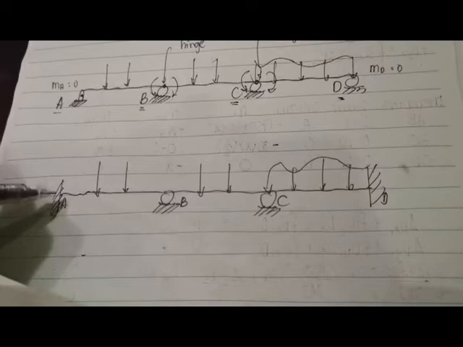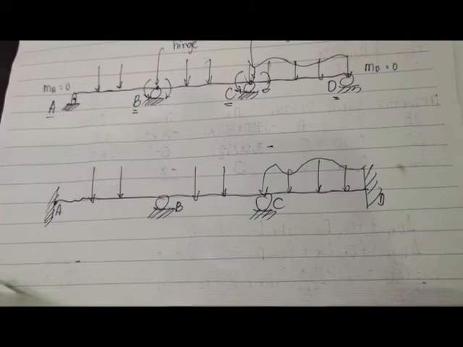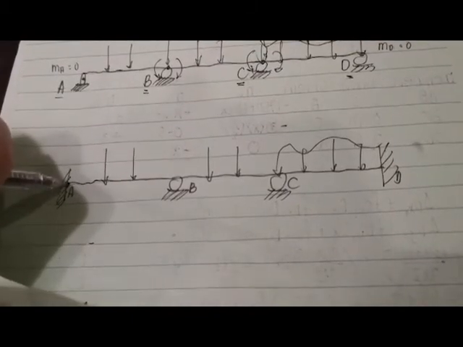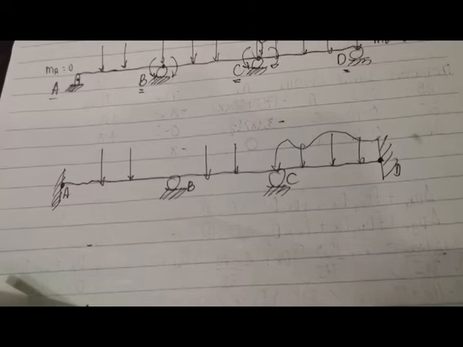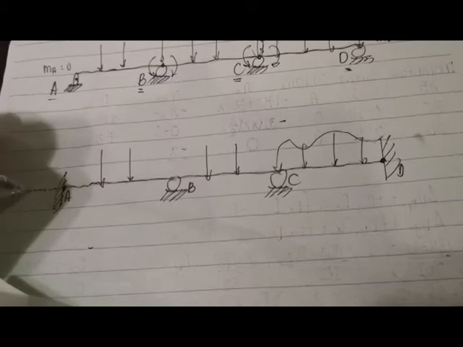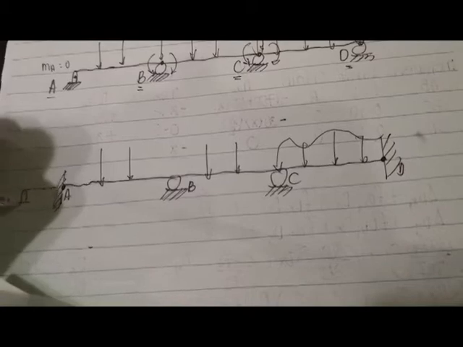Next situation, we can also do the same if ends A and D are both fixed. But you have to realize that we really cannot apply an internal hinge here. We really cannot totally eliminate the moment. Therefore, we are going to convert it into an imaginary continuous beam with simple support at both ends.